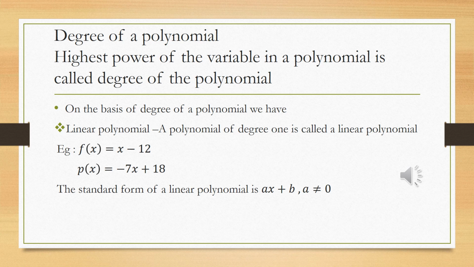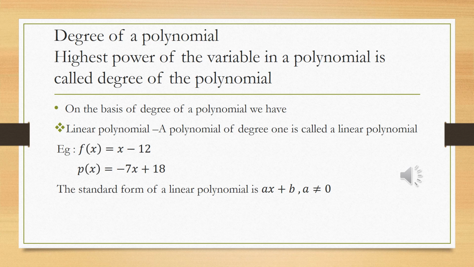A polynomial of degree 1 is called a linear polynomial. We can see the example, f of x equal to x minus 12. Here the variable is x and the power of the variable x is 1, or we can say the degree of the polynomial is 1, so it is a linear polynomial.